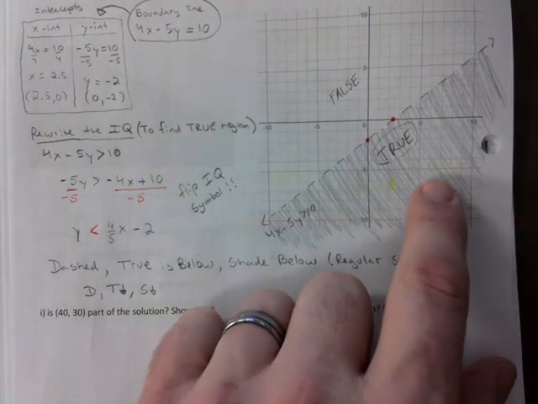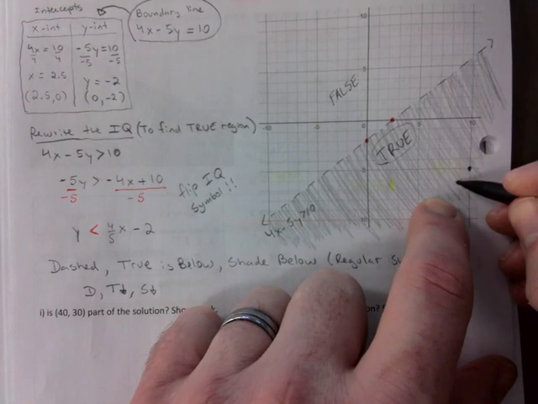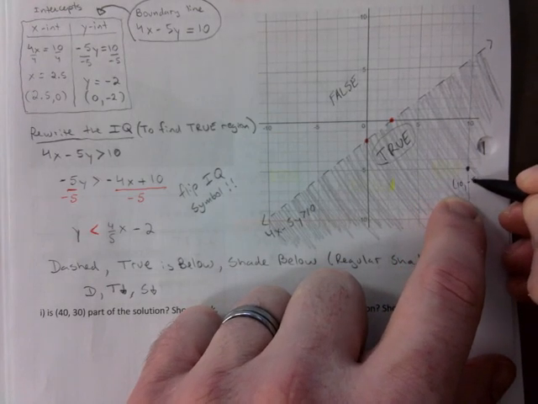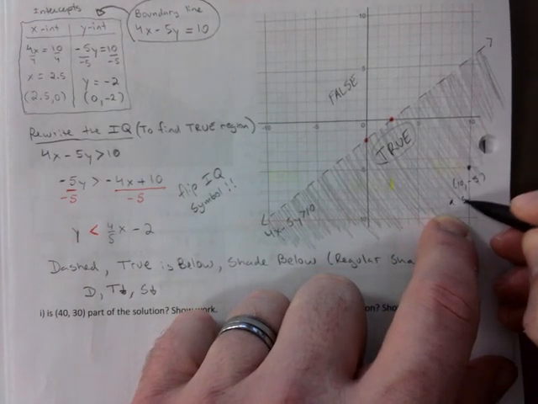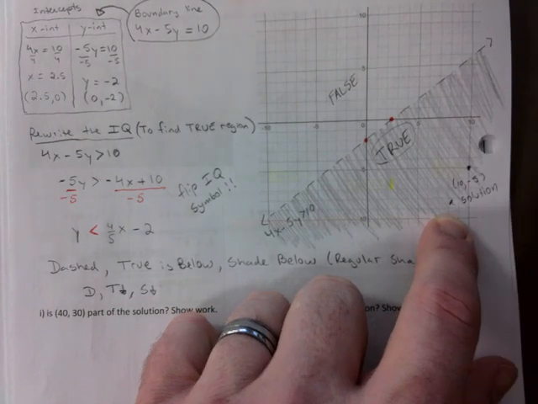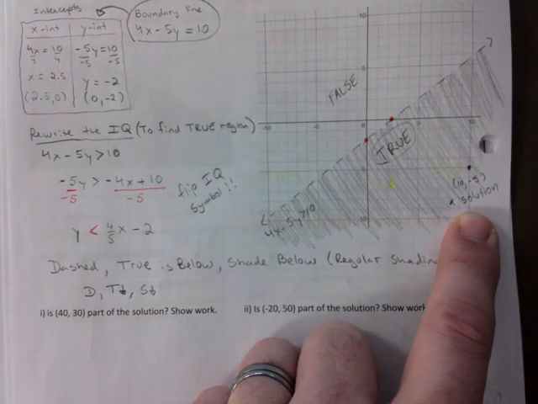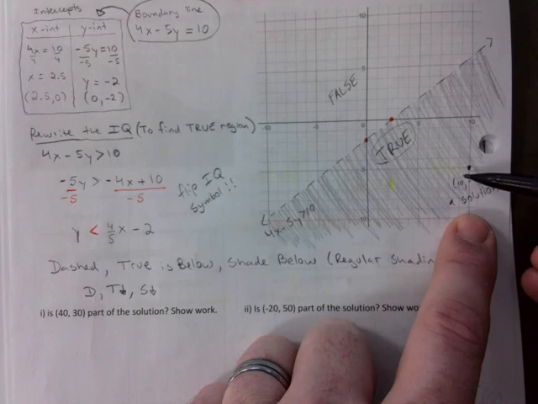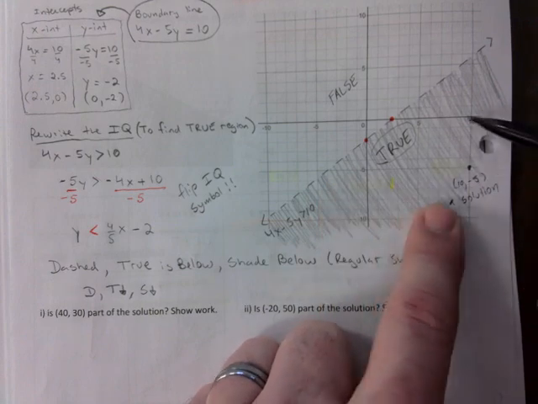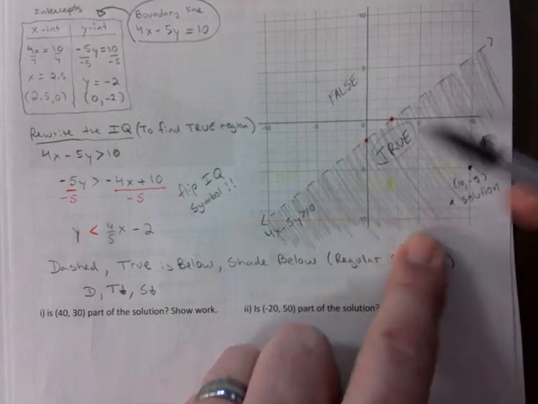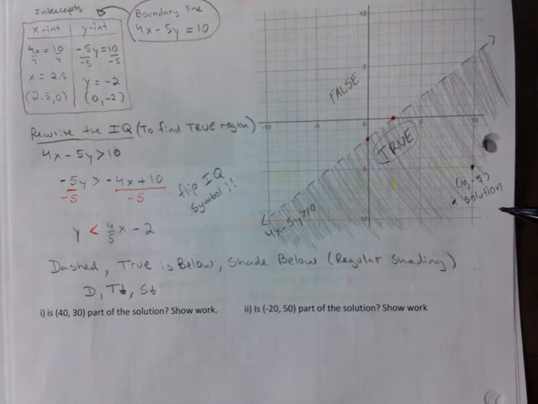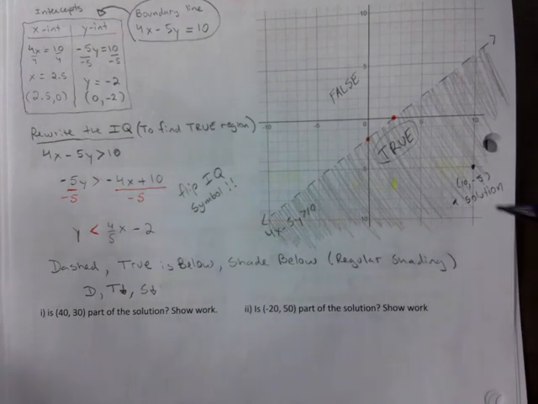This would be a solution here. 10, -5, a solution. Mr. Anderson, could I pick 9.99, negative 4.99? Sure. It's anything that's in this solution region will do the trick. I'm lazy, I'll just take the easier one, right? If you can relate.